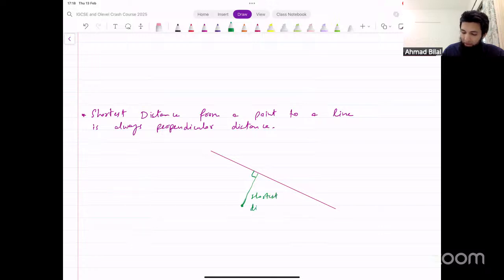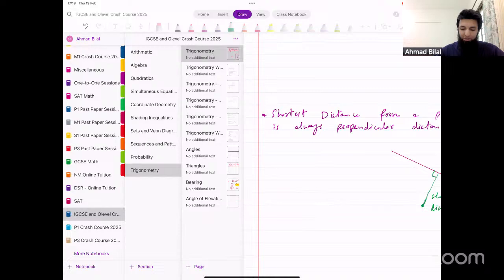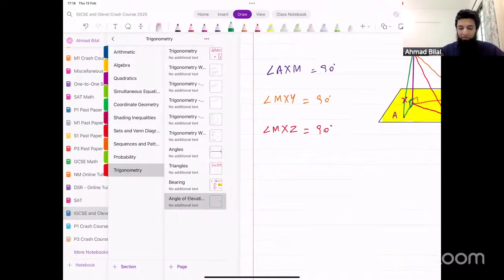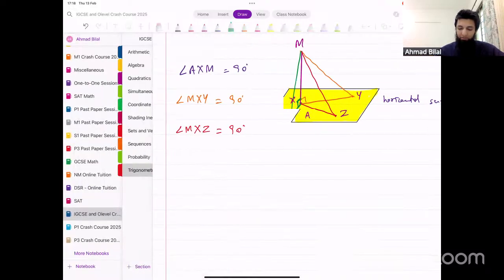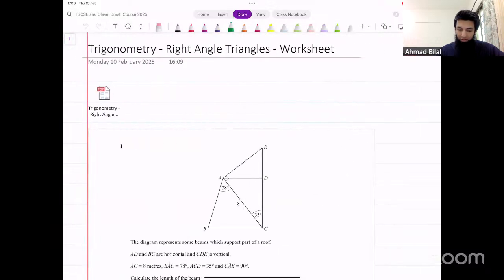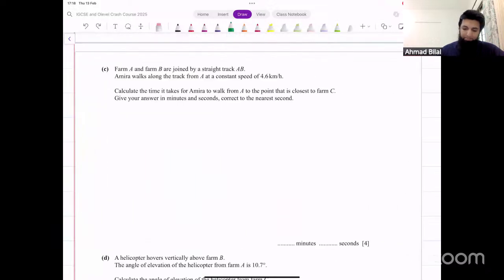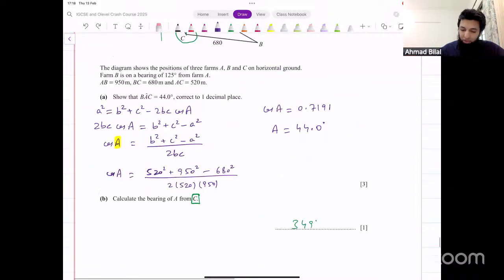Now keep that in mind as we look at that problem. Shortest distance between a point and a line is always perpendicular distance. Now, let's go back to that problem. Which one was that? Yeah. They're saying A and B are joined by a straight track.